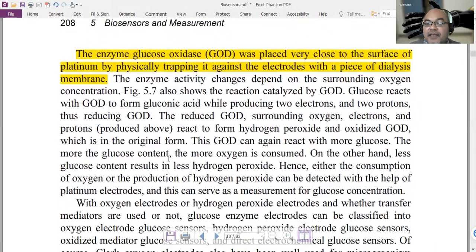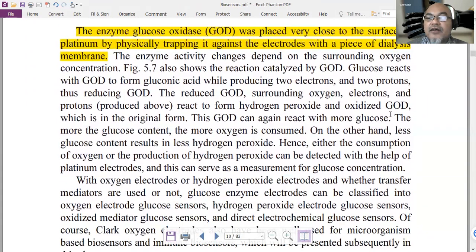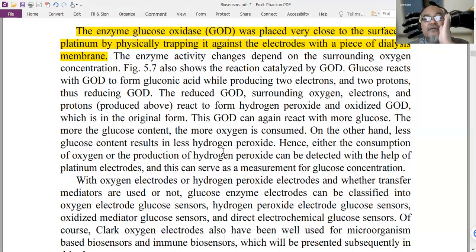Glucose reacts with GOD to form gluconic acid, producing 2 electrons and 2 protons, reducing the GOD. Reduced GOD, surrounding oxygen, electrons, and protons react to form hydrogen peroxide and oxidize GOD, which is in the original form. Then this GOD can react again with more glucose. So the more glucose content, the more oxygen will be consumed. This can be detected by the electrodes.